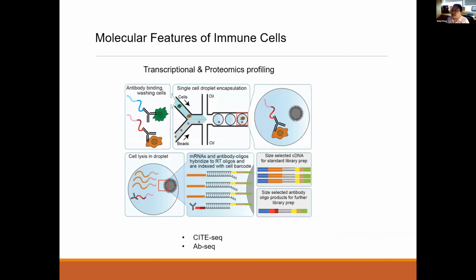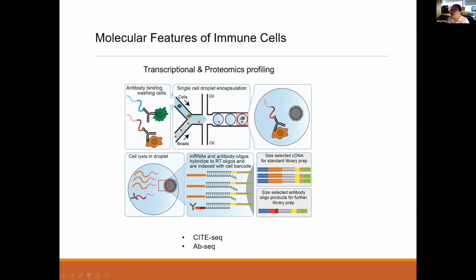Recently, with advances in barcoding antibodies, we can also simultaneously determine both transcriptional and proteomic profiling. They barcode the different antibodies and then isolate single cells.